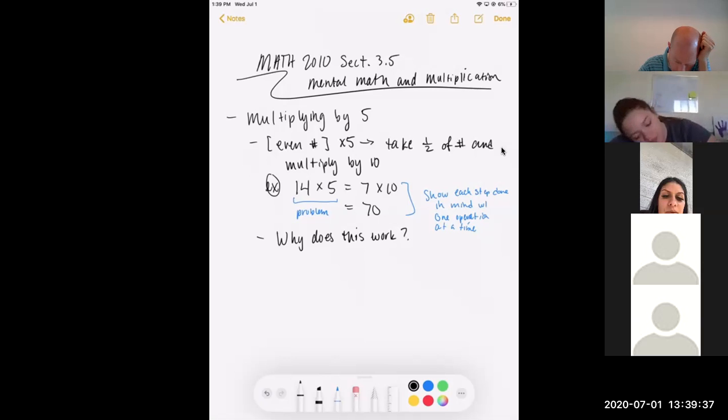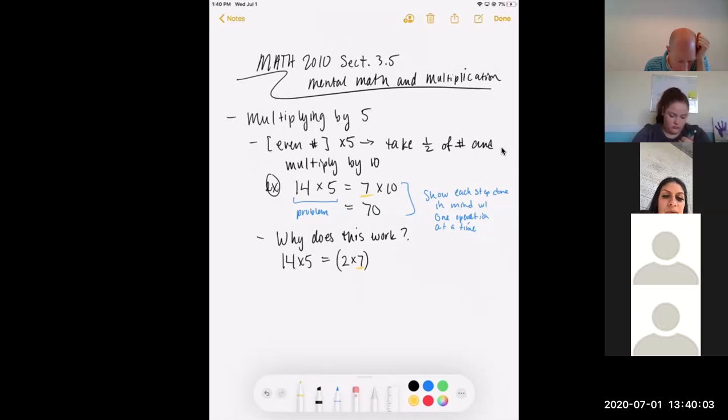With my example of 14 times 5. Okay, when you take half of 14, you're thinking about 2 times 7. So the number that I get here is 7. So 14 can be thought of as 2 times 7. So in order to get what that number is times 2, you take half of it.